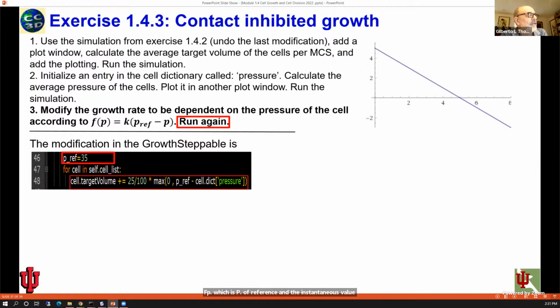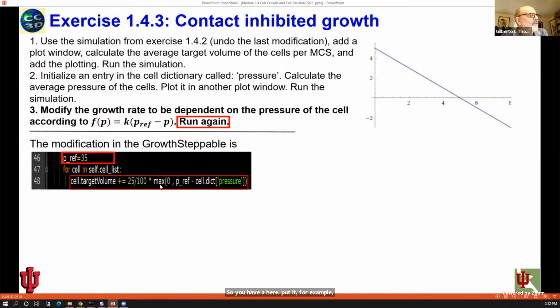But here we have a degree of freedom to choose which value you should use for P reference. You can check the average pressure from your simulation, for example, before including this function, and use that value. So you have here, for example, 35.